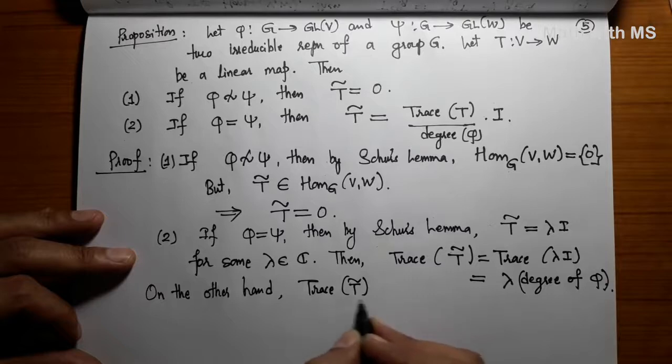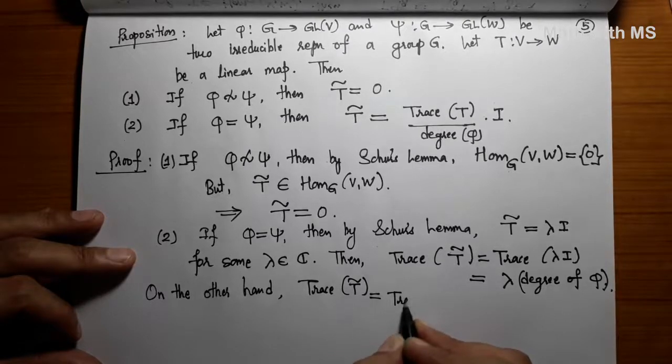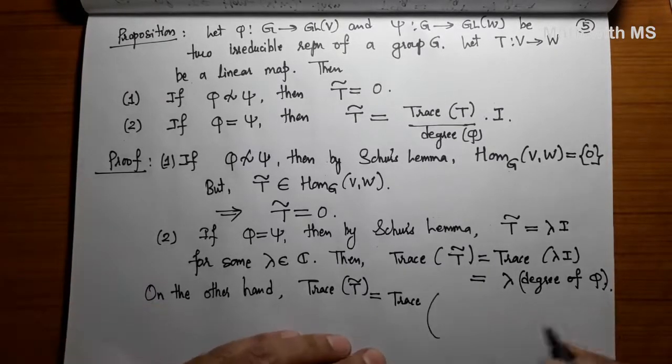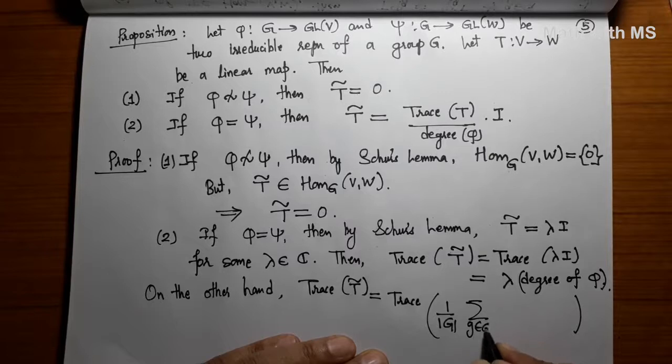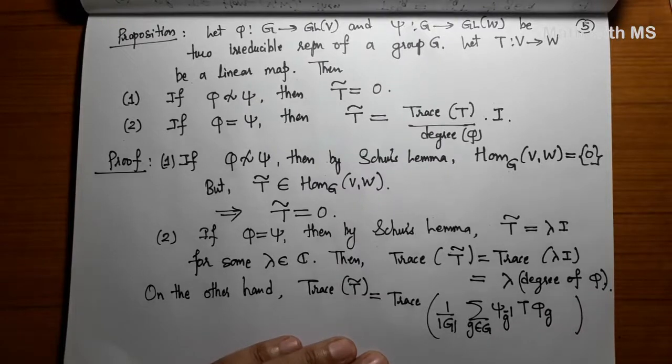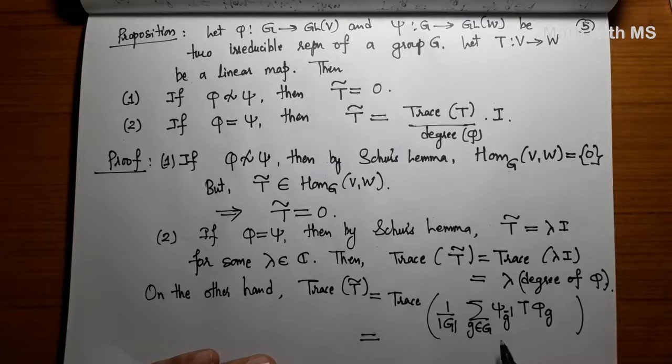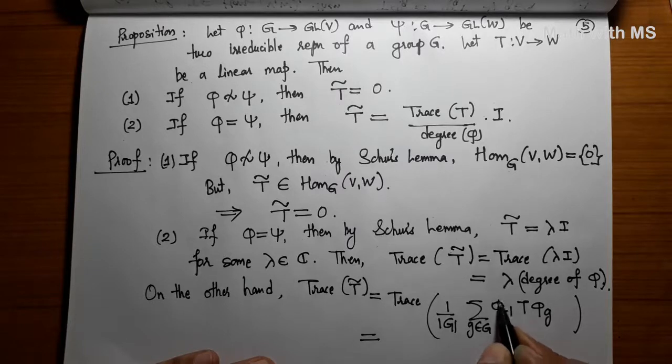It is equal to the trace of this big expression, 1 by the order of the group G, summation over g in the group G, psi(g inverse) T phi(g). But trace of AB is trace of BA, and remember here that phi is psi, so this is actually just your phi, right?